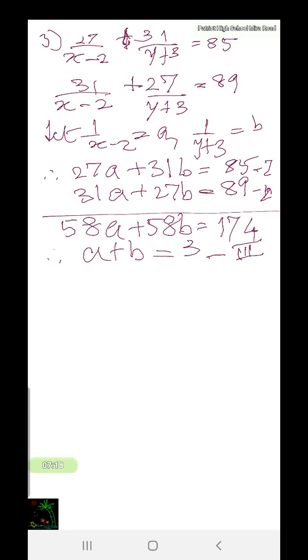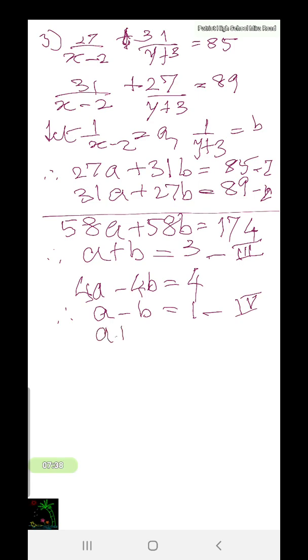Subtracting equation 1 from 2, we have 4a minus 4b is equal to 4. Therefore a minus b is equal to 1. This is our equation 4. A plus b is equal to 3 is our equation 3. Adding the two, we have 2a is equal to 4 or a is equal to 2.